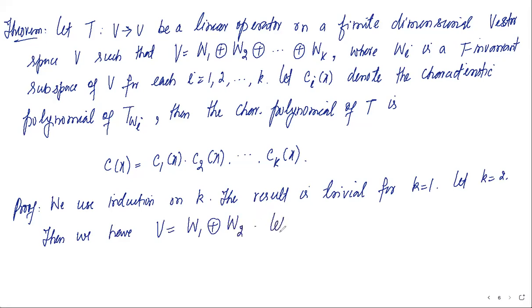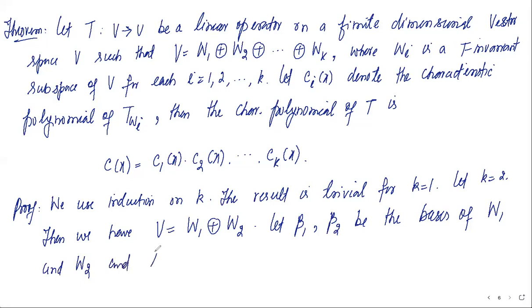Then let beta 1, beta 2 be the bases of W1 and W2, and let beta equal to beta 1 union beta 2 be the basis of V.